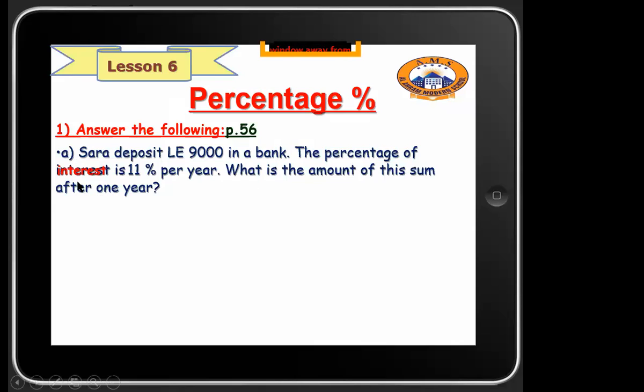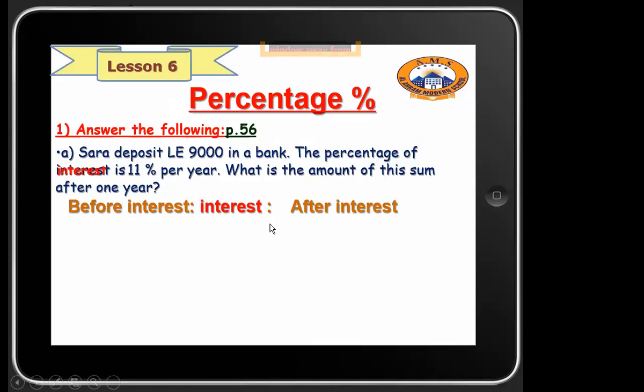When you see the word interest or discount, the first line changes from buying price to before interest, then the keyword interest, and after interest.